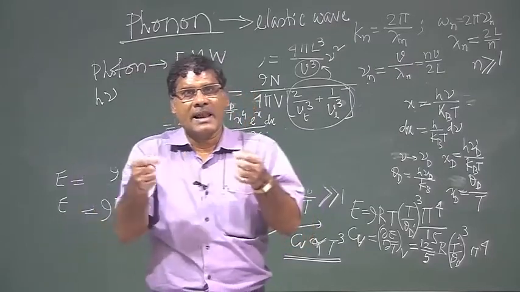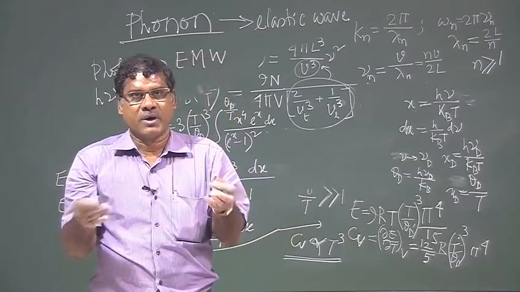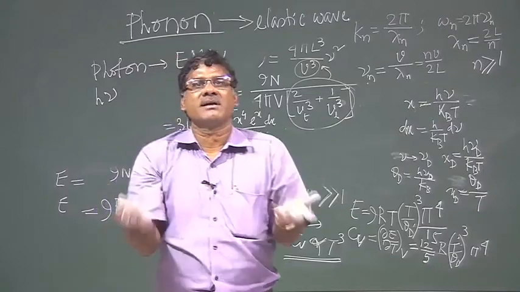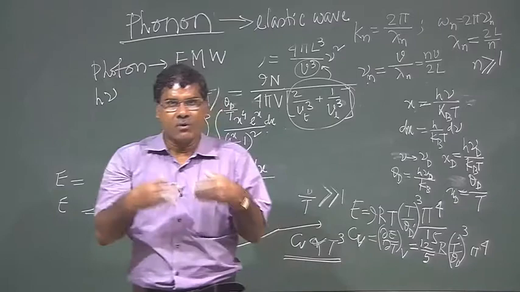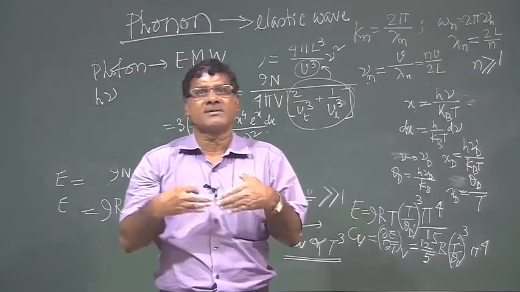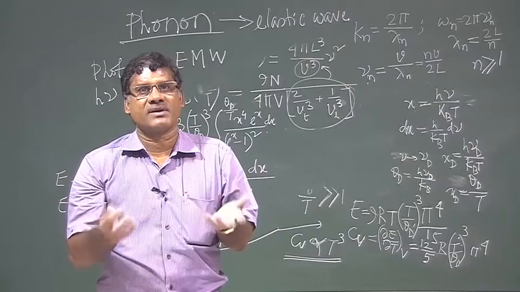It can have a number of photons. So, a number of photons together gives an electromagnetic wave. Similarly, a number of phonons gives an elastic wave, gives a mode of vibration.